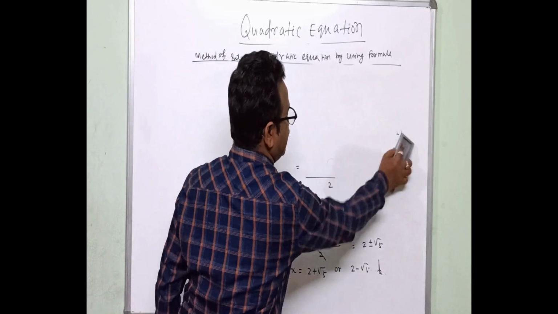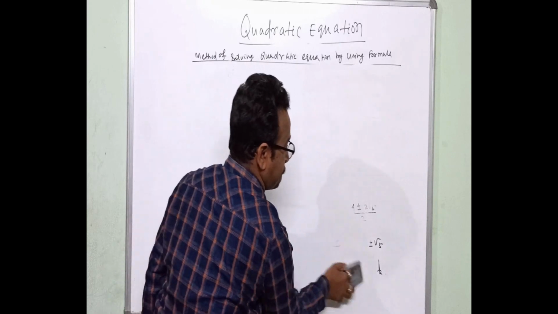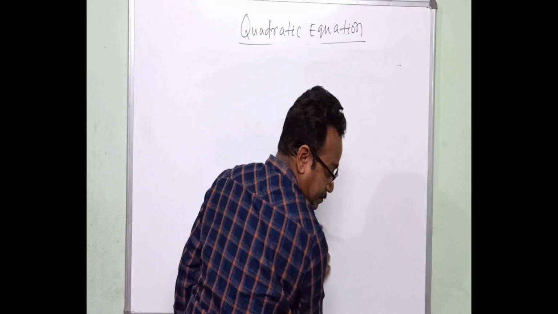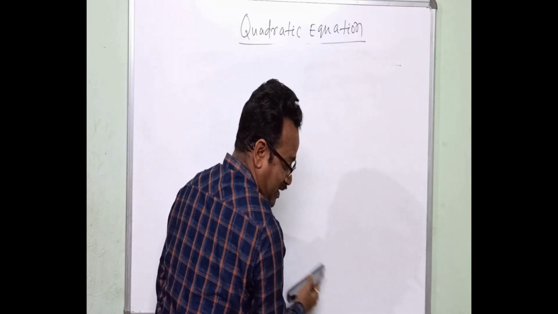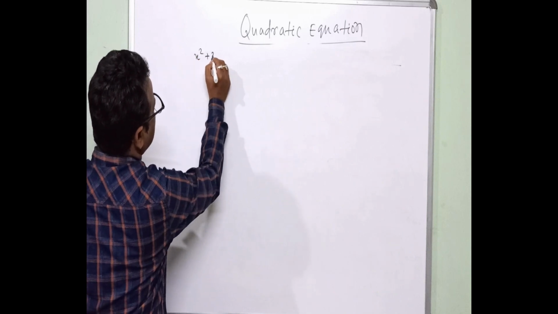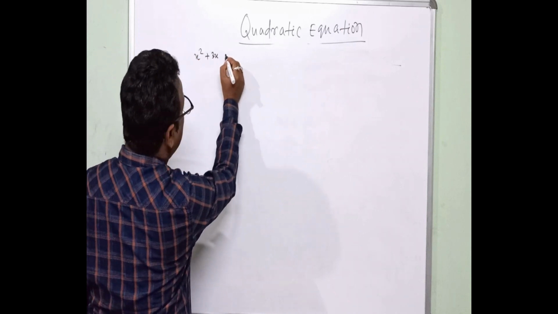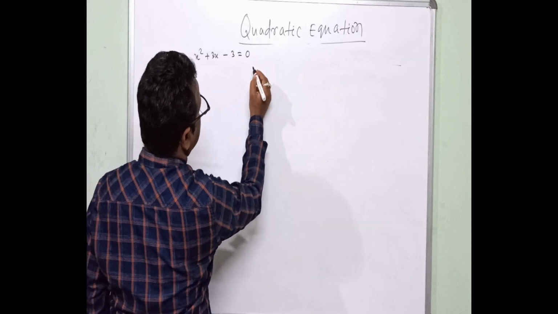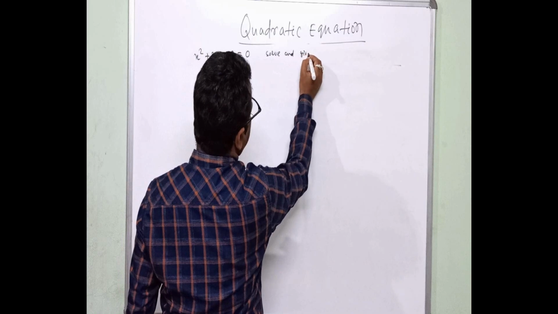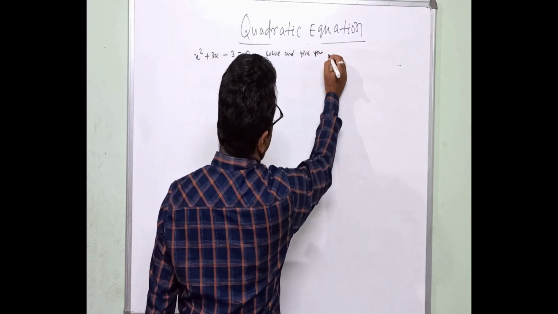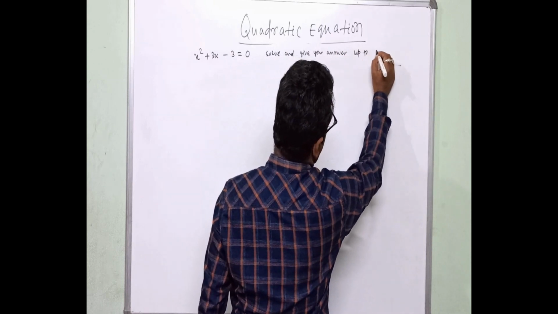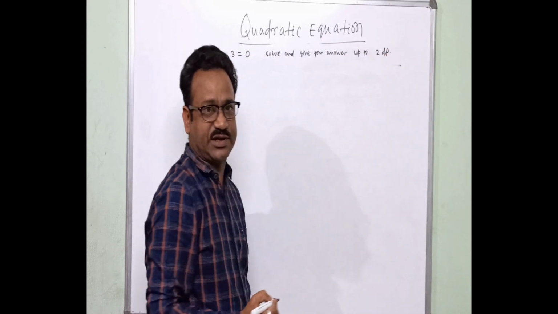Our next question is x square plus 3x minus 3 is equal to 0. Solve and give your answer up to 2 dp. dp means decimal place.